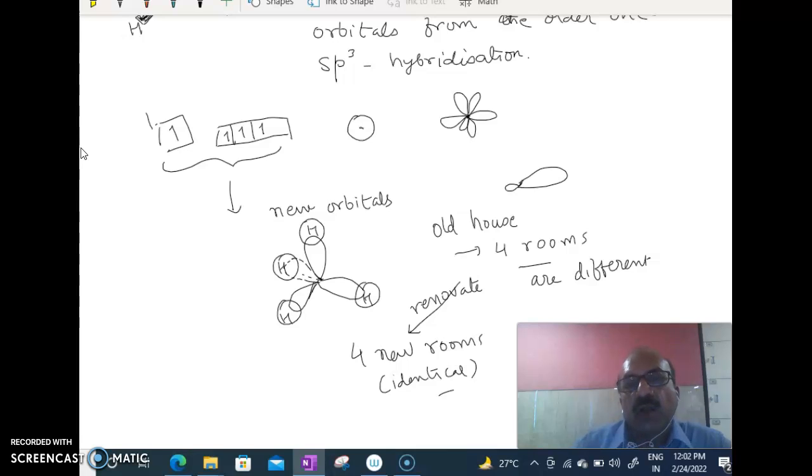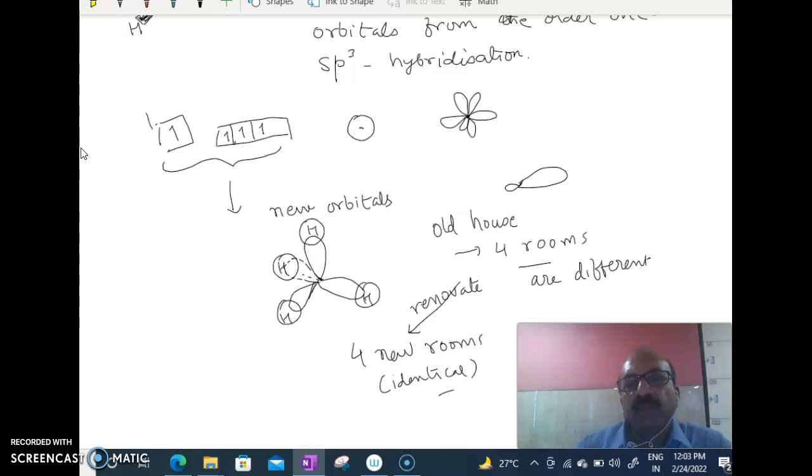Hence the concept of hybridization can easily be understood as a new arrangement of the electrons when it comes under the influence of other atoms. When it binds with the other atoms, we expect the electronic distribution around the carbon to rearrange, and to suit the environment it forms new identical arrangements around the carbon atom, which can be supposed by using the language of hybridization.